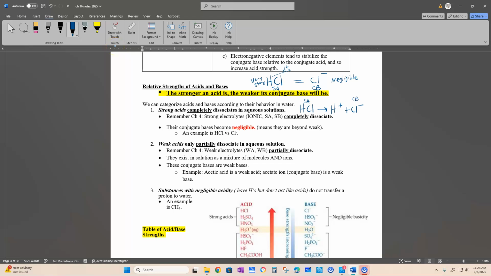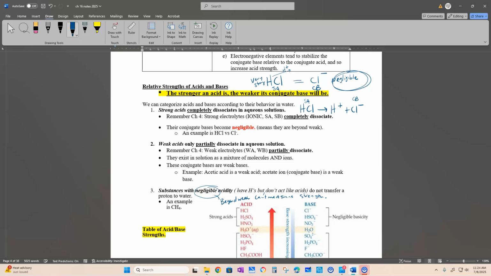But it's so beyond weak, it doesn't even have a measuring system for it. So we call that negligible. Negligible just means it's so weak, okay? So substances that are negligible, they are beyond weak, that you can't measure their strength anymore.